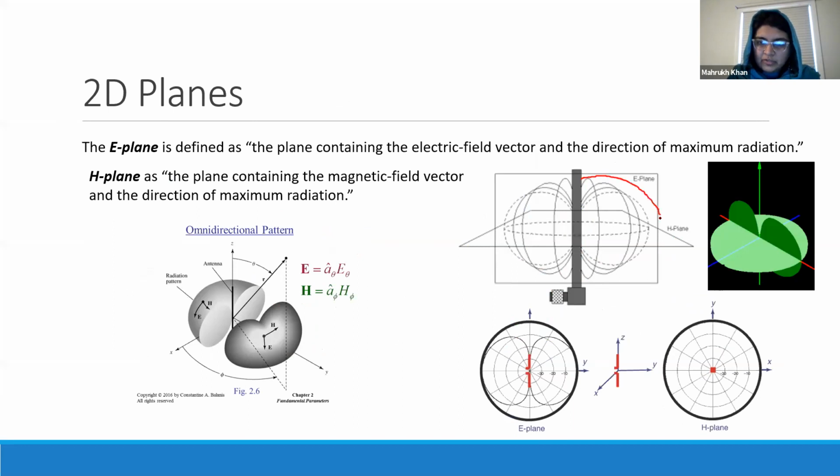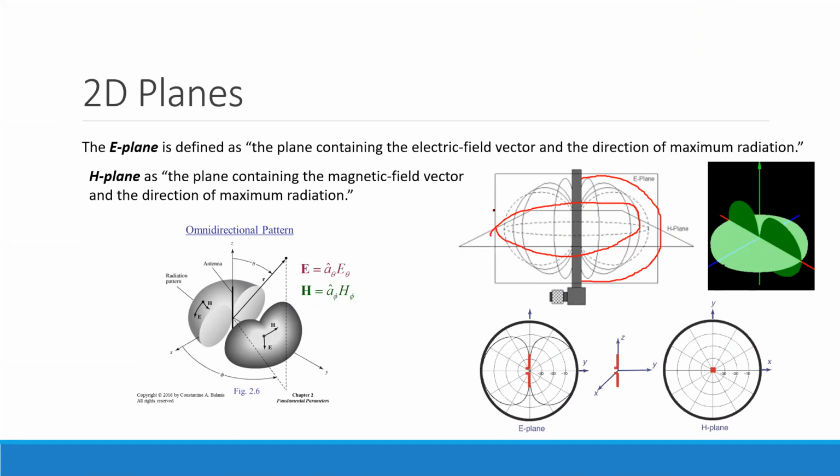So the E plane changes maximum from 0 to pi, and the H plane can change from 0 to 2 pi. Yes, it's very relatable to E and H plane.